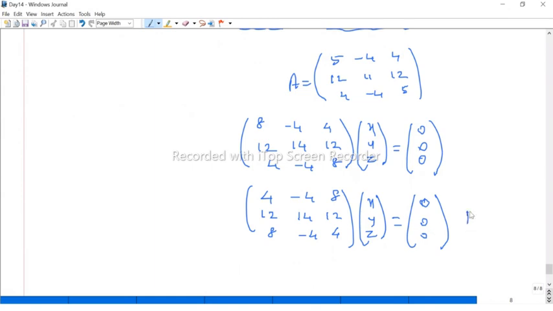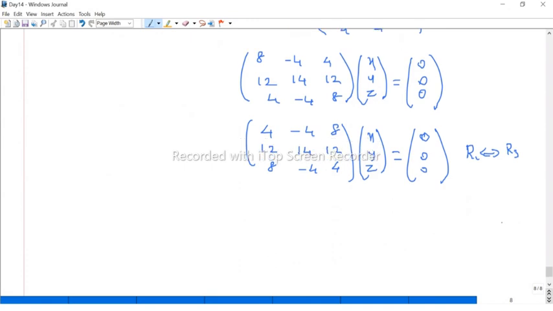Now what we are doing here is we interchanged R1 and R3. Now we have to form a row reduced echelon form. Therefore the first entry should be 1, but the first entry here is 4. So we have to divide the entire first row by 4. Therefore we get 1, minus 1, and 2.